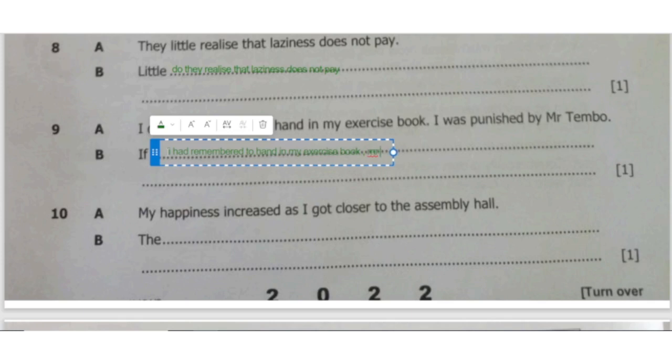Mr. And this M should be in capital letters.